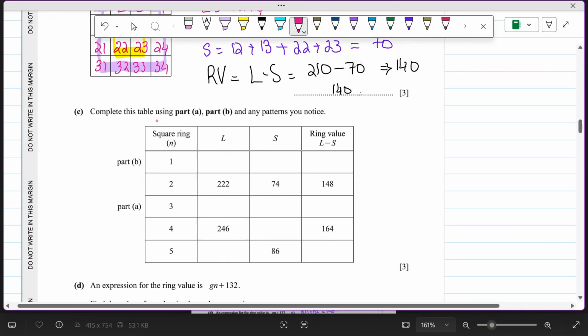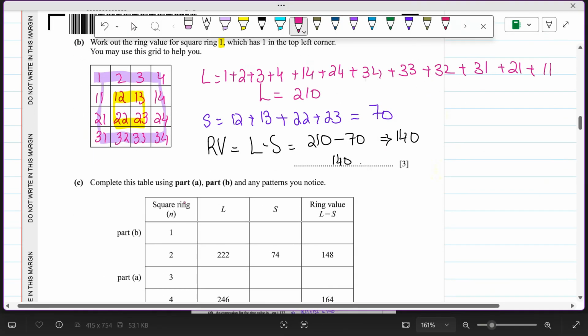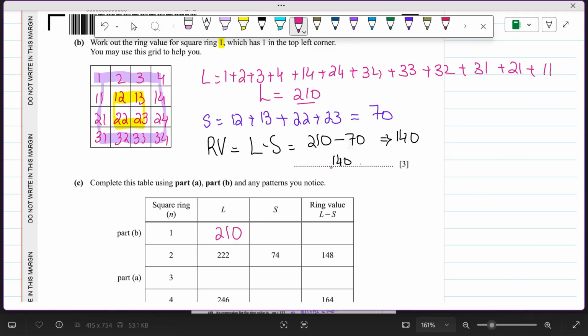Part C, complete this table using part A and part B, and any pattern you notice. Part B, in which square ring is 1 because the top left corner is 1. So in this case L was 210, and S, the sum of the small squares, was 70, and their difference was 140.